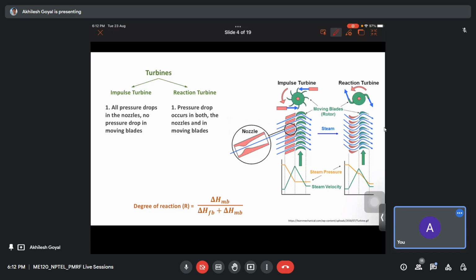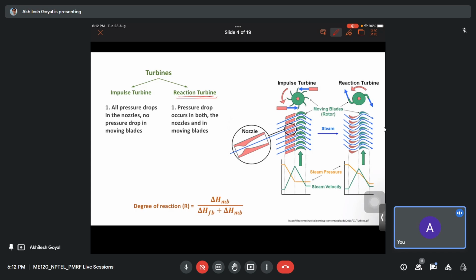Because of the high velocity steam jet and the reaction, both are there, that's why it is called the impulse reaction turbine. But to distinguish it from the impulse turbine, it is simply written as reaction turbine.